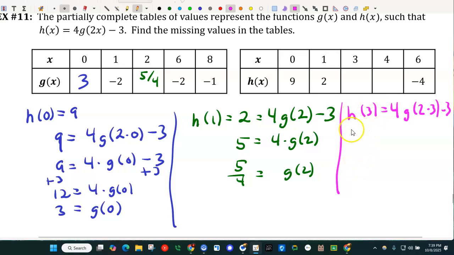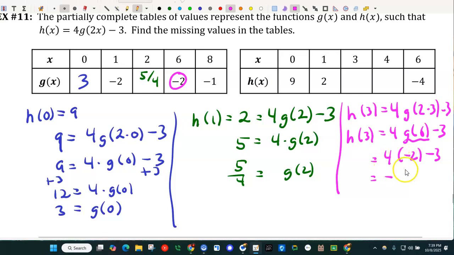So I'll have 4 times g of 6 minus 3. g of 6, which I can get from over here, is -2. And we'll have -8 minus 3, which is -11. So I know that this is -11 right here.